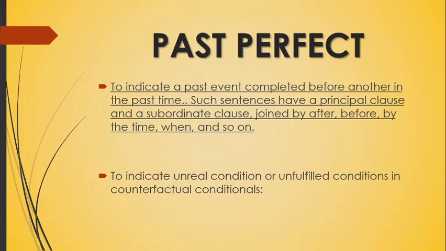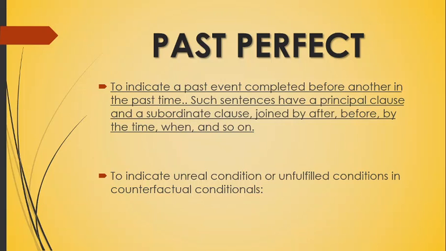The action that takes place first becomes the past perfect tense. And the action that takes place after the first action becomes simple past tense. These two clauses are joined by a time indicator like after, before, by the time, when, and so on.